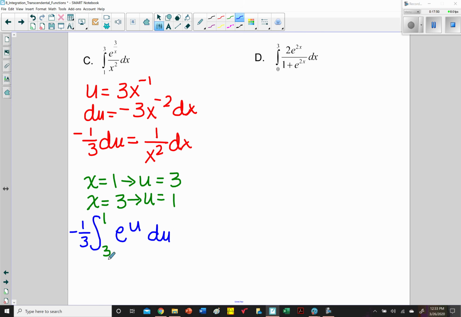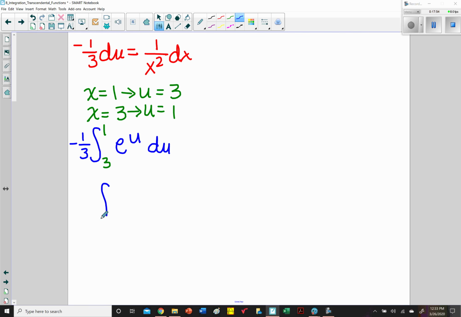When we flip these around to make them in the proper order, 1 to 3, that turns this negative into a positive. And it's a piece of cake, all downhill from here.